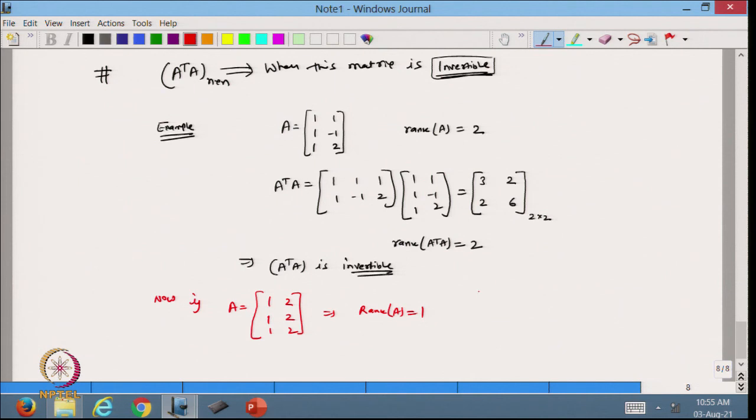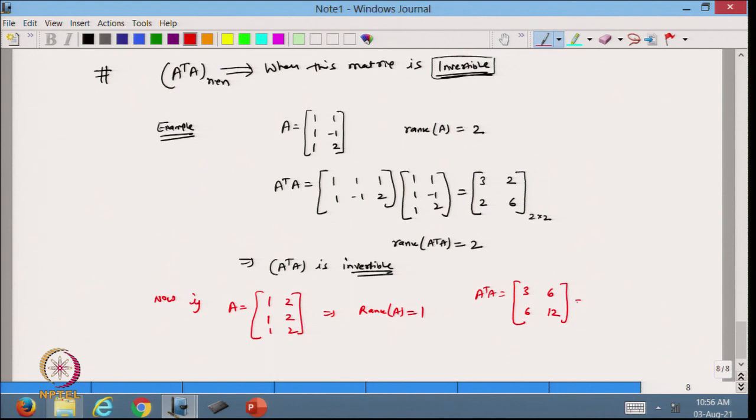And now, if I take A transpose A, because I am just multiplying rows with themselves, it will be 3, then 6, then 6, and this will be 4 plus 4 plus 4, which is 12.